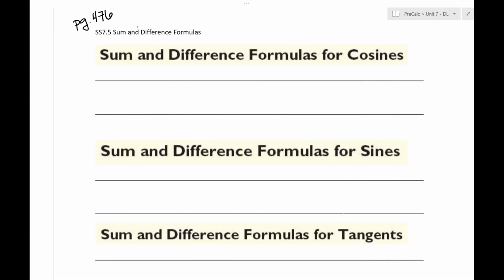So if I have two angles, and the angles we're going to be using are alpha and beta. Okay, so sum and difference, it's just that. If I have the cosine of alpha plus beta, its formula to calculate whatever that number may be is cosine of the first angle times cosine of the second angle minus the sine of the first angle times the sine of the second angle.